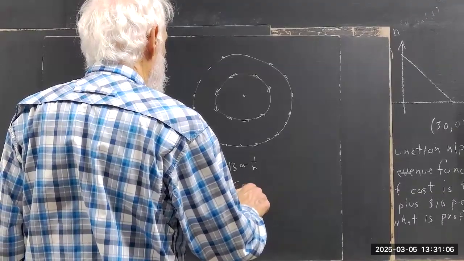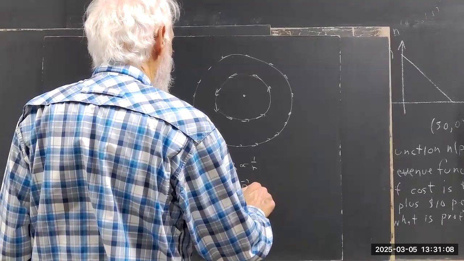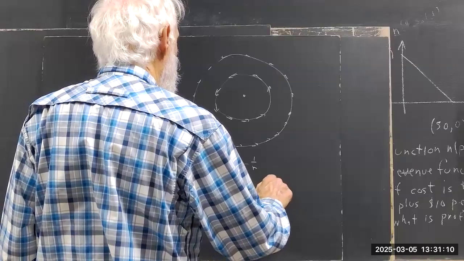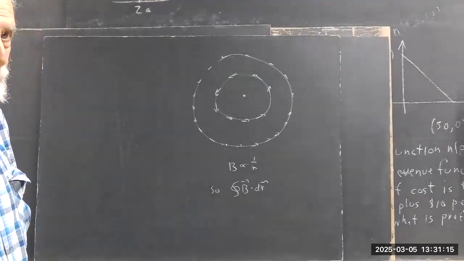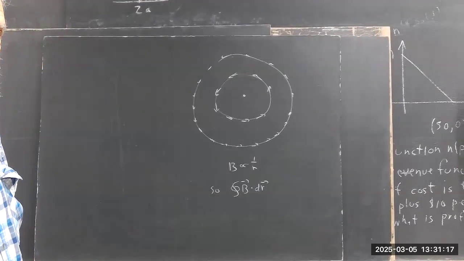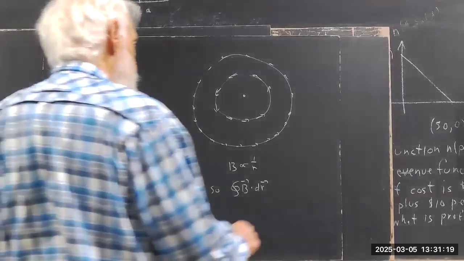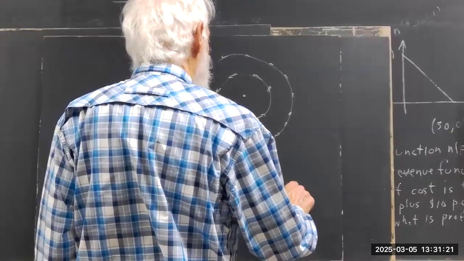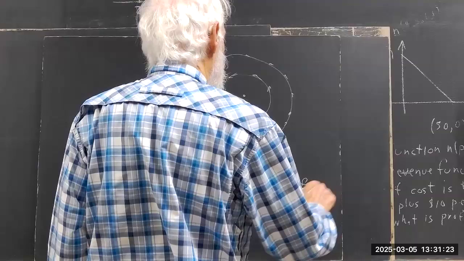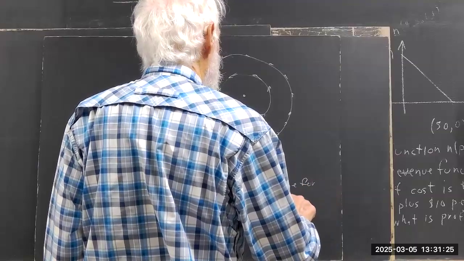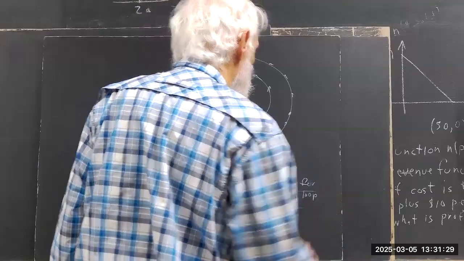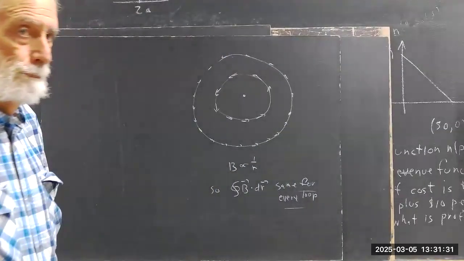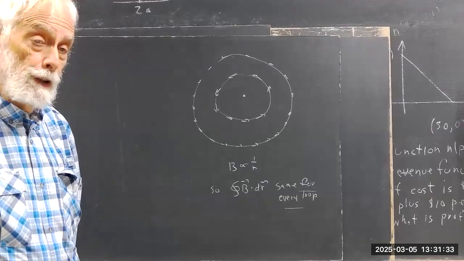So the integral of the magnetic field is the same over the loop. Now we can work out the details of that.